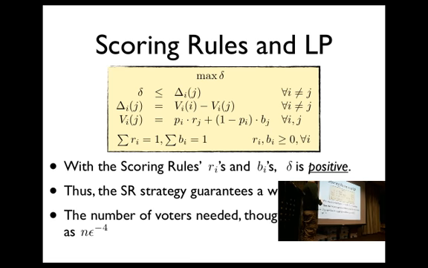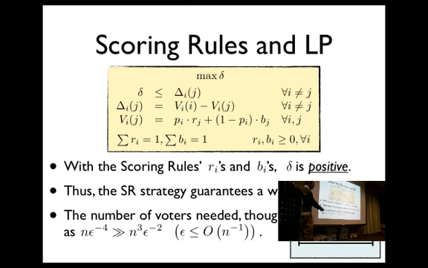One issue, though, is that the number of voters needed scales as n over epsilon to the fourth. And this holds for the best scoring rule we know of, and it holds as long as, say, the second derivative exists in 0, 1. So we need many more voters, because n over epsilon to the fourth is at least n cubed over epsilon squared, because epsilon is at most 1 over n.